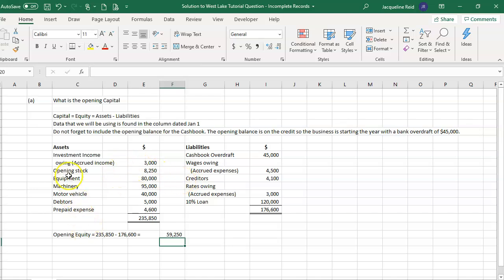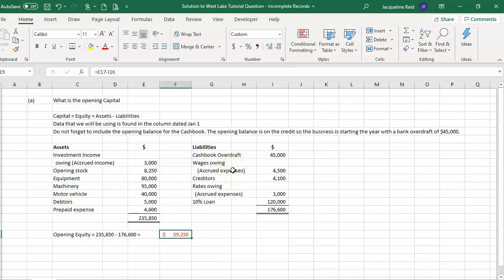So now I have all of my assets, which came to $235,850. I have all of my liabilities, which came to $176,600. And so our opening equity is $59,250.